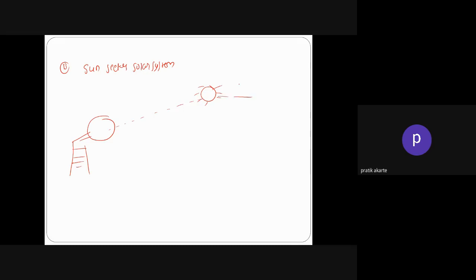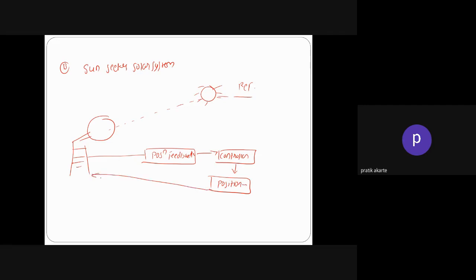This is the reference position, and here we will be getting the position feedback, and we have a controller. This controller will then operate the positioner, and that goes like this, and this is my solar panel.